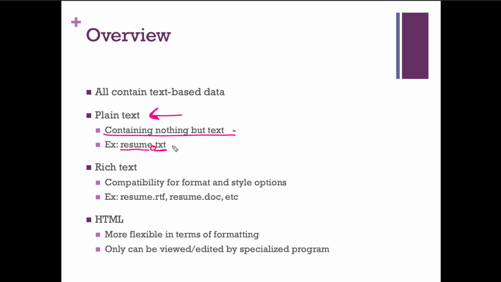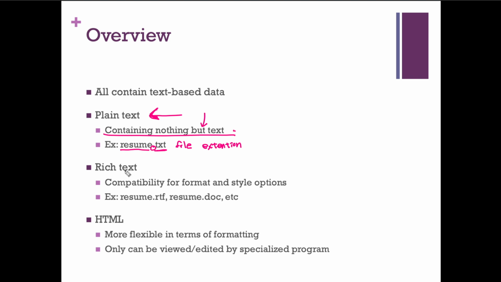This is what we call the file extension. So a txt file usually has only text. So in this plain text, there is no way that you can underline. There is no way that you can make some portion of your text bold or italic. No. Like I said, this is a simple text.